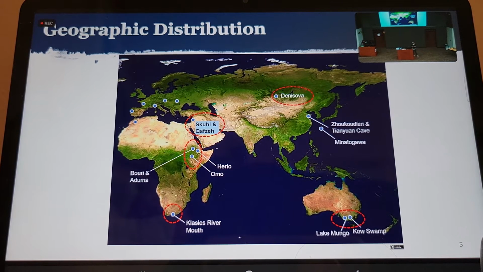Then we have Denisova, which is up in what's now Russia. And these are individuals that have genetic contribution to a lot of Asian groups today. There's genetic markers that can be tracked. We also have evidence of anatomically modern humans in East Asia.